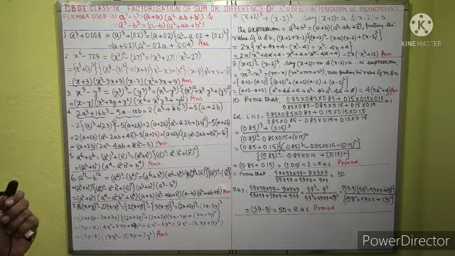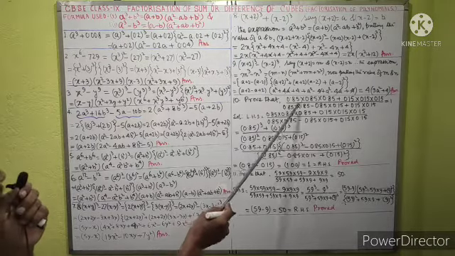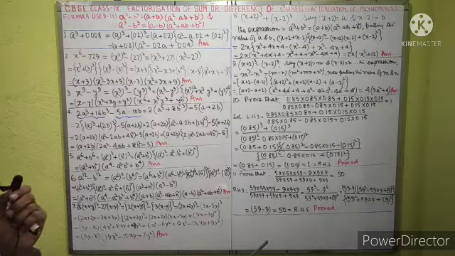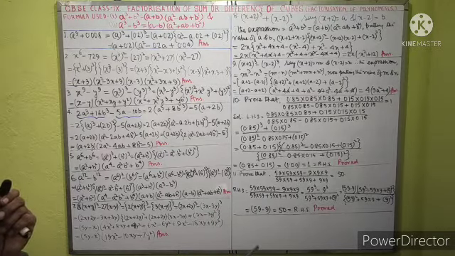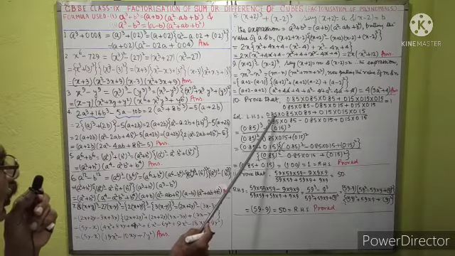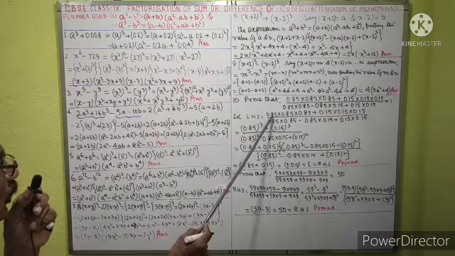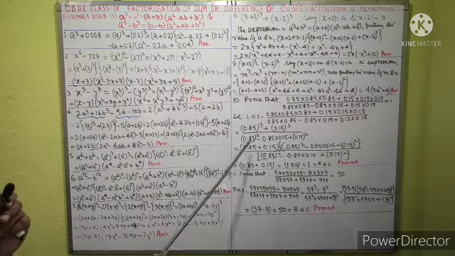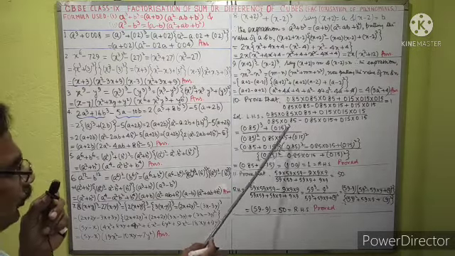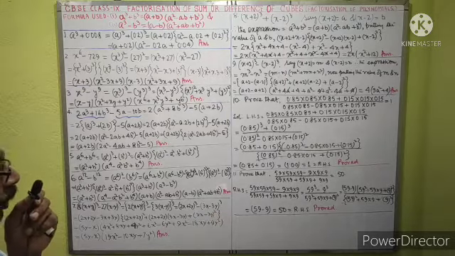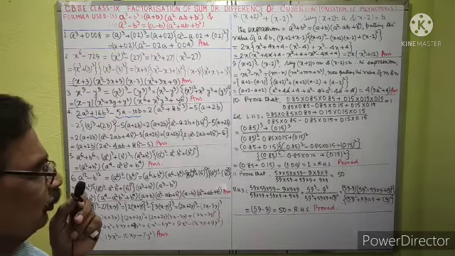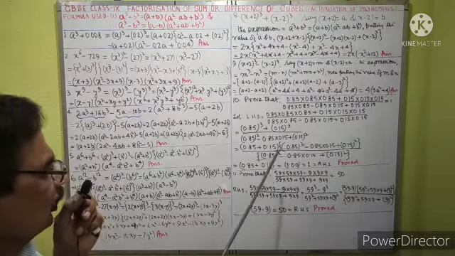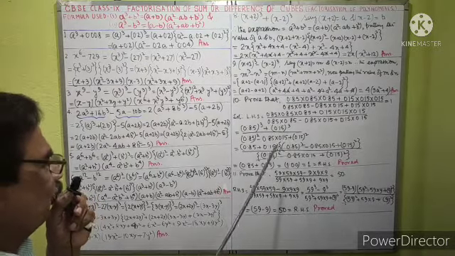Now question number 10. It is given like this way, and the result will be 1. We have to prove it. Just see the left hand side, which is 0.85 into 0.85 into 0.85. That means 0.85 whole cube plus 0.15 into 0.15 into 0.15, so it is 0.15 whole cube.